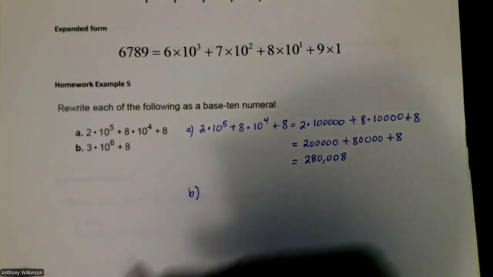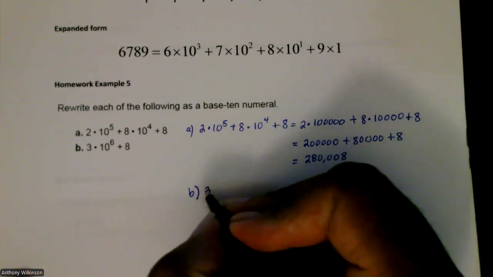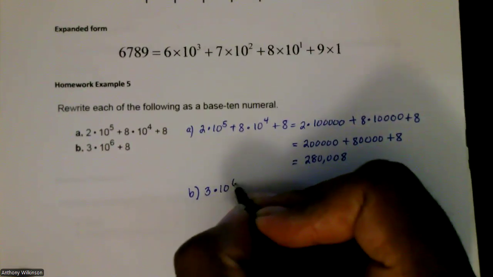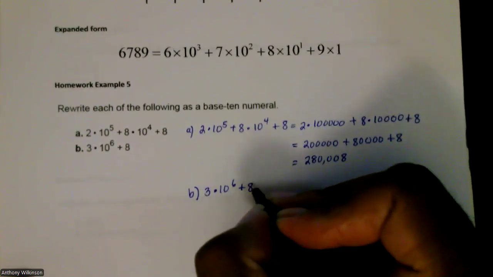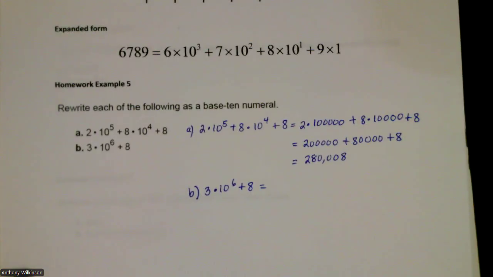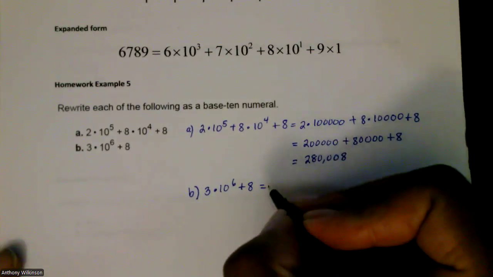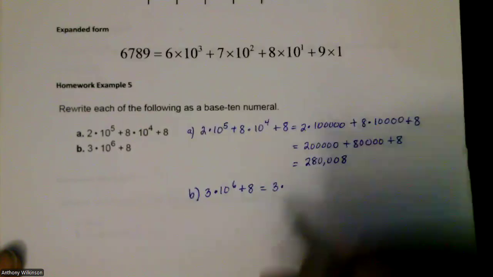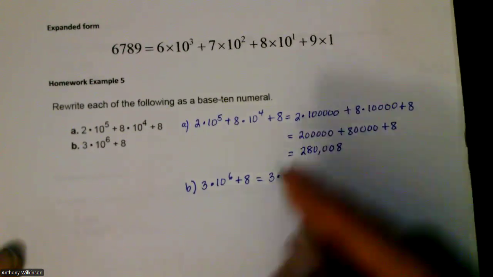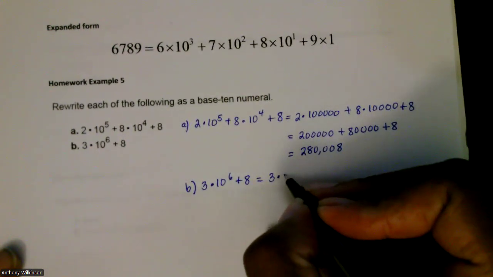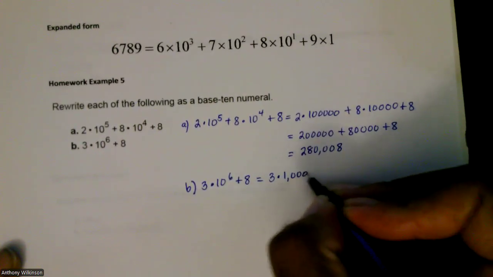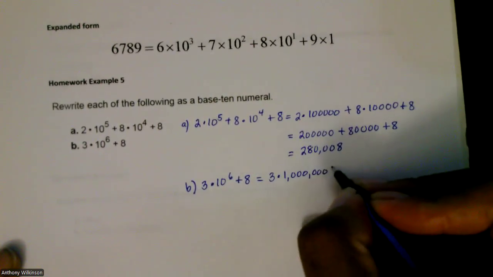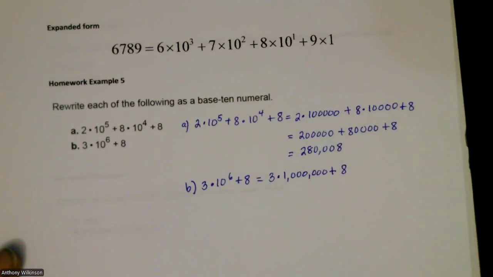All right, now part B, we got 3 times 10 to the 6th power plus 8. So if we were to simplify this a bit, that 10 to the 6th will have a 1 with 6 zeros behind it. So it'll be 3 times 1 million plus 8.